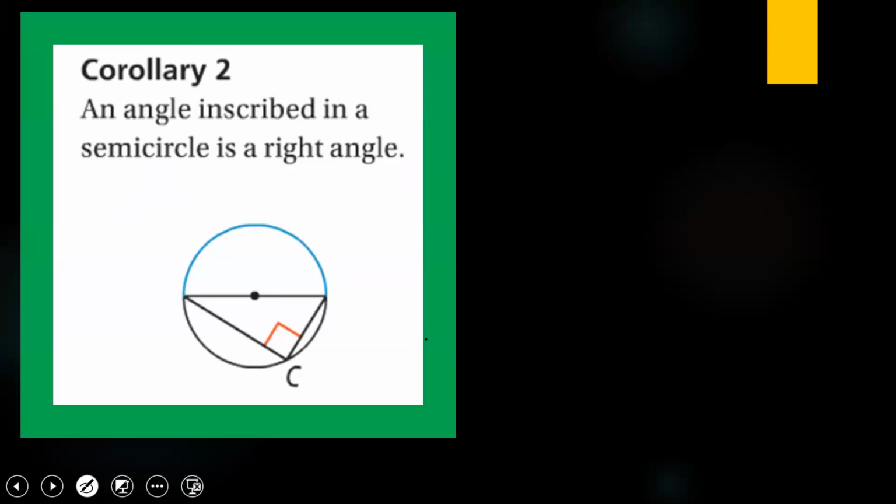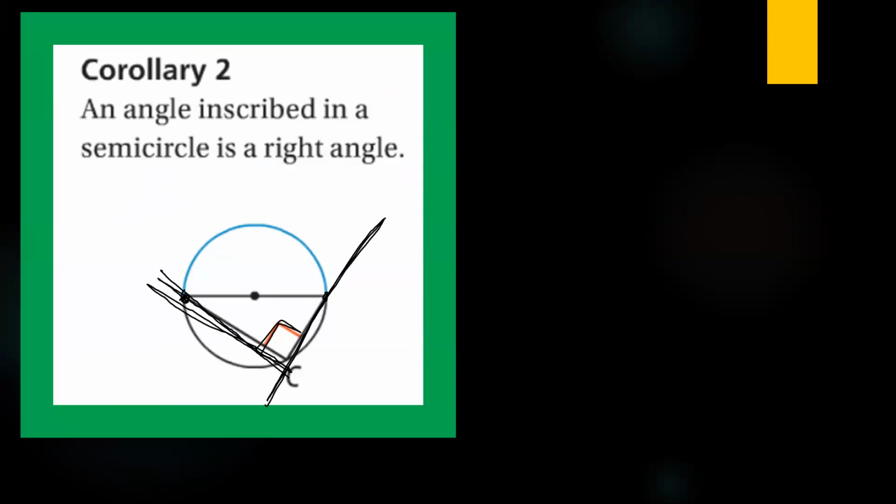Here's the semicircle, the blue one. Its endpoints will be this one and this one. Now the angle that is inscribed by these two endpoints from the intercepted arc makes an angle which will be 90 degrees.